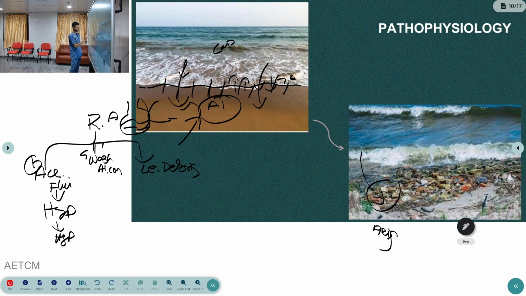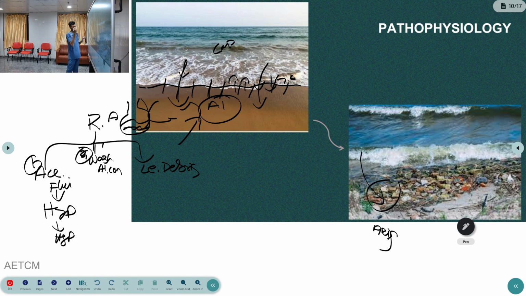Again, the second condition is a washout of alveolar content. Normally in a healthy individual we have surfactant. Surfactant is a substance that will prevent alveolar collapse. Yesterday in the presentation on atelectasis we said that in atelectasis there will be a complete collapse of the alveoli, and once the alveoli get completely collapsed, it is more difficult to reopen them.